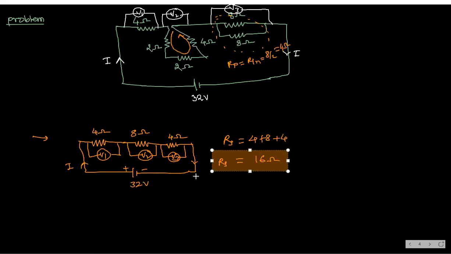Okay. Next, we have to find the current. Current I is equal to total potential by resistance, so 32 divided by 16. So I is 2 ampere.